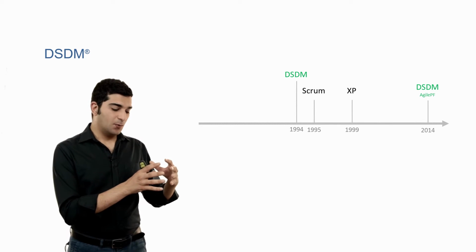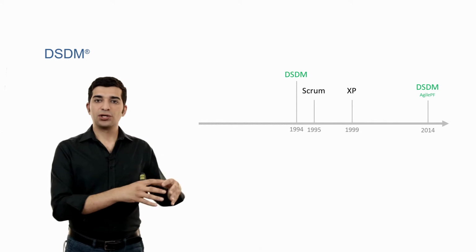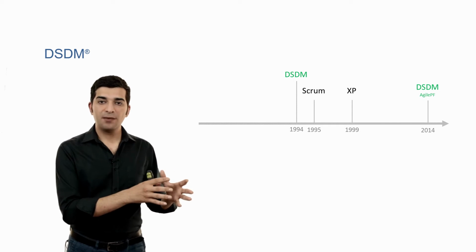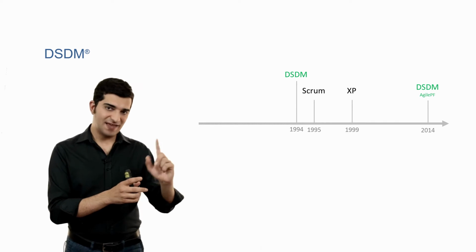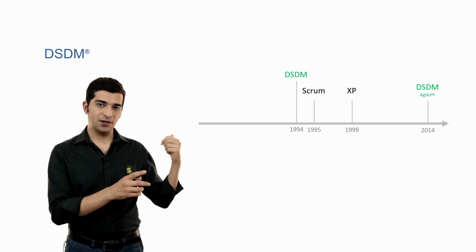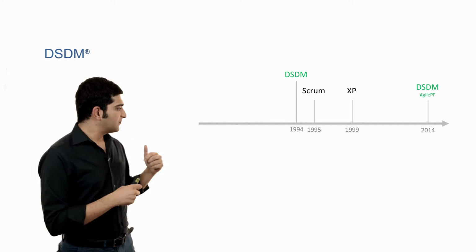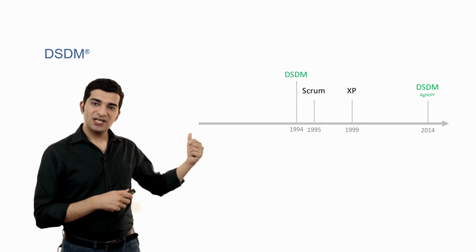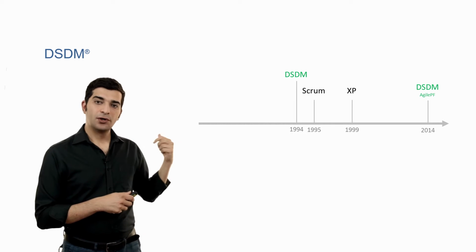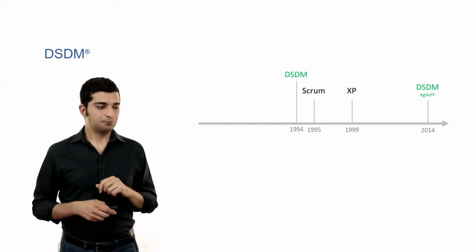And after a while they made it official by publishing a paper or a book. That's the date we have here, the first official publication. But for example, for XP, it was used long before 1999.